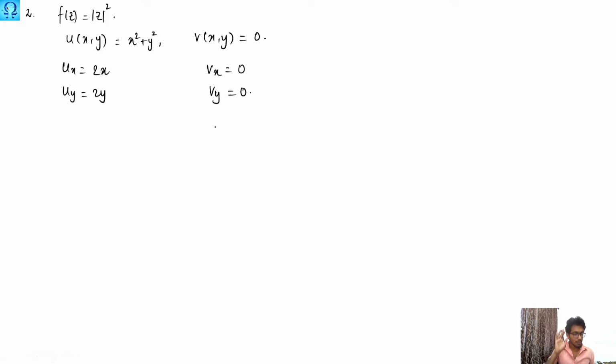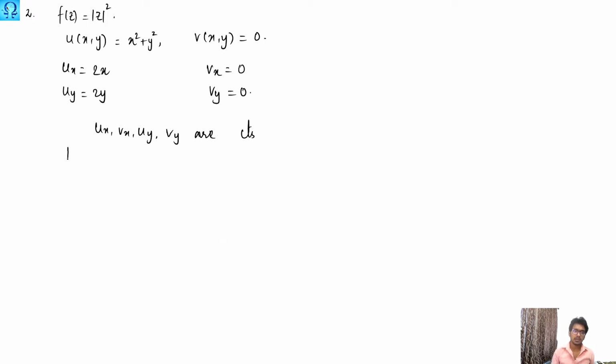The partial derivatives must exist and they have to be continuous at that point. Yes, all these things are there, so they exist, and all your ux, vx, uy and vy are continuous at all points.